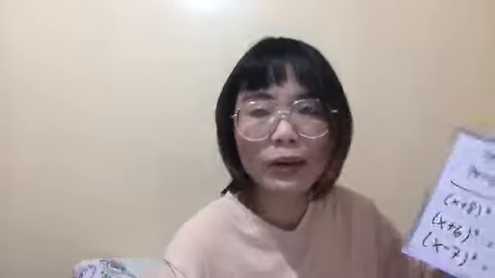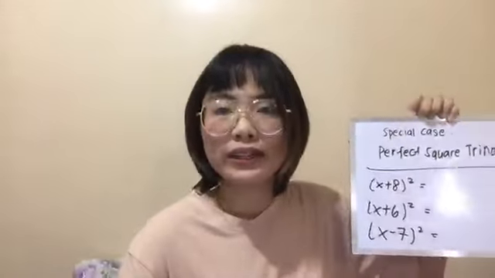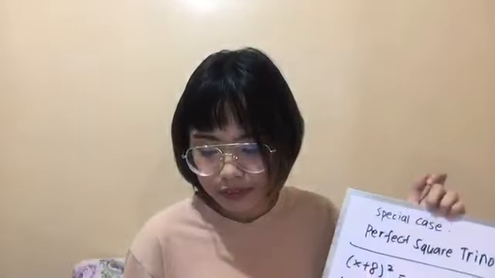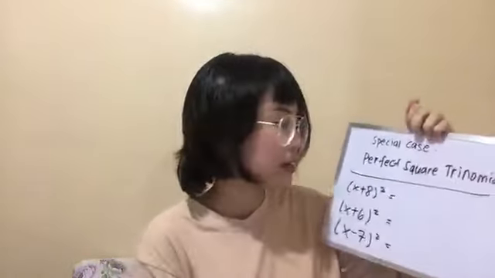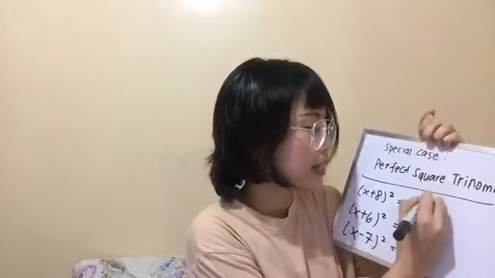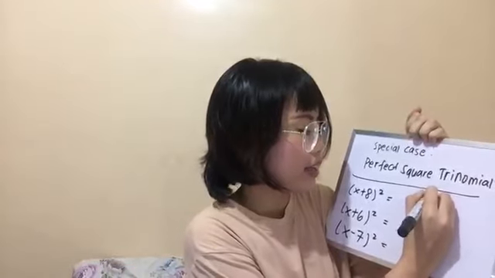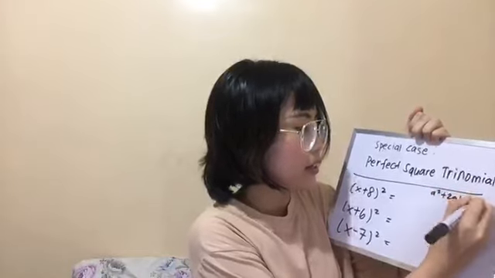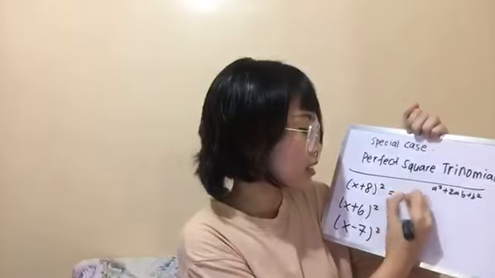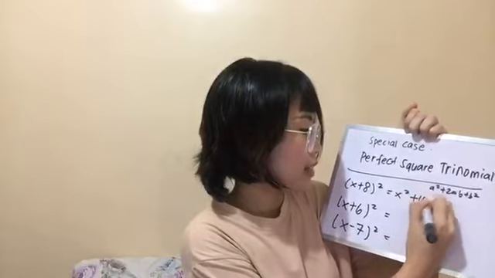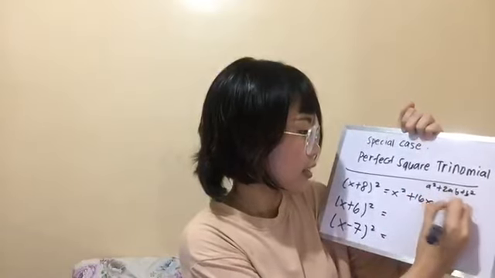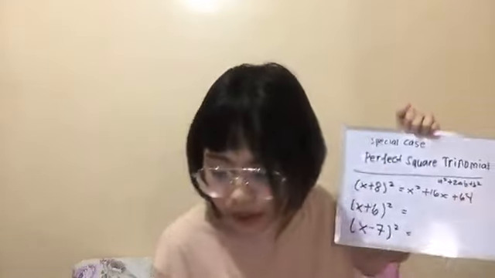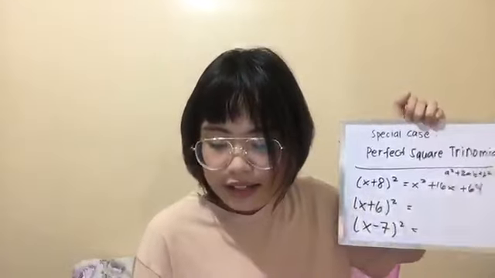Okay, so I'll be answering this while checking her answers. Okay, that's correct because the method will be 2ab. A squared plus 2ab plus b squared. So a squared is x squared, 2ab is 16x, and then the last is 64. So her answer is correct.